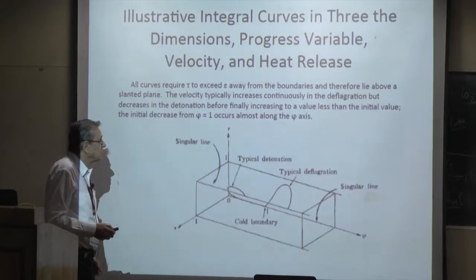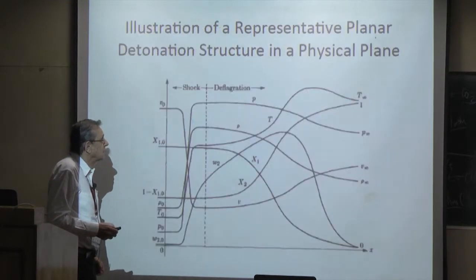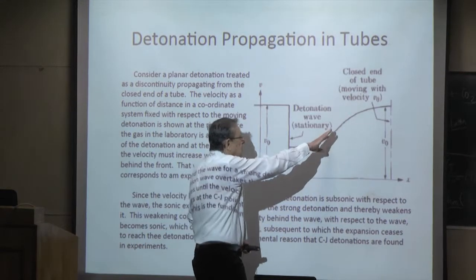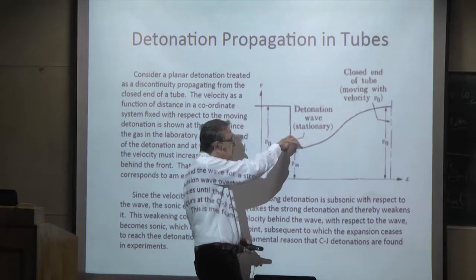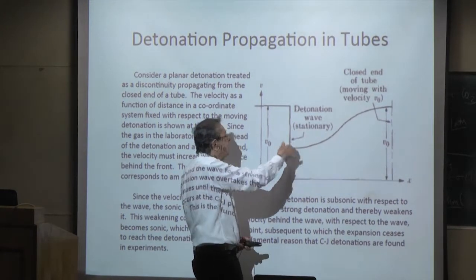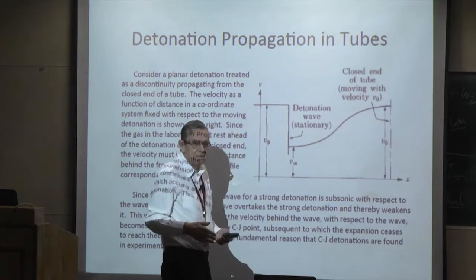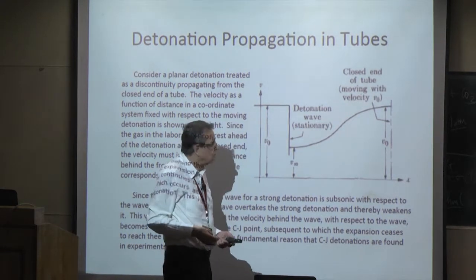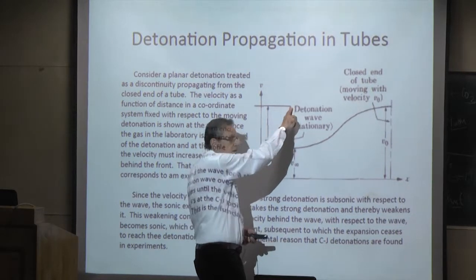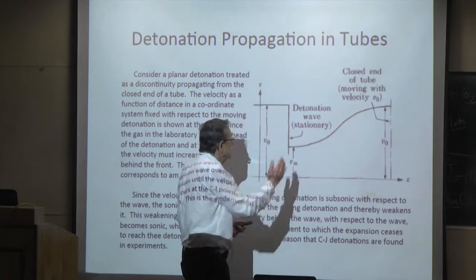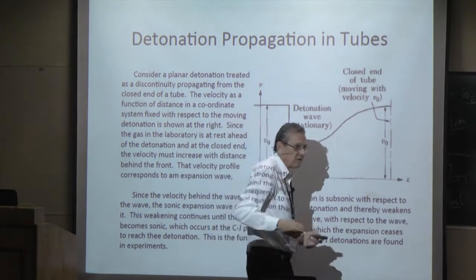And so what would happen is that this rarefaction wave can catch up to the detonation, it can weaken it, and it can continue to weaken it until it gets to the Chapman-Jouguet point. At the Chapman-Jouguet point, the Mach number is unity in this coordinate system, and so the detonation can no longer see this rarefaction wave.